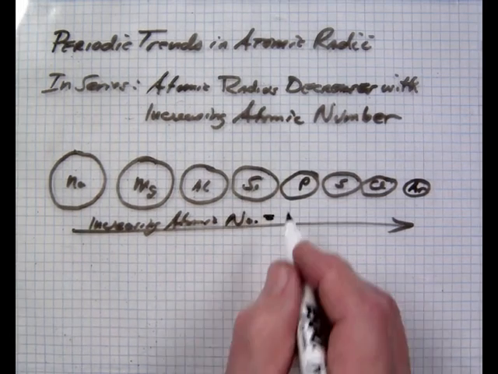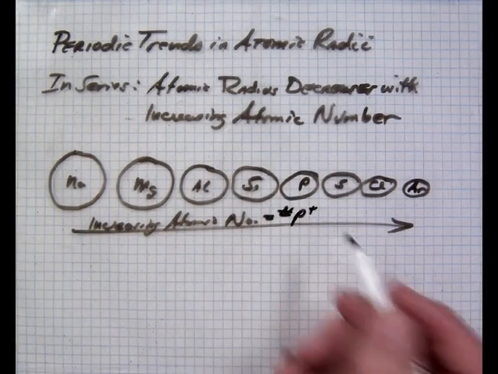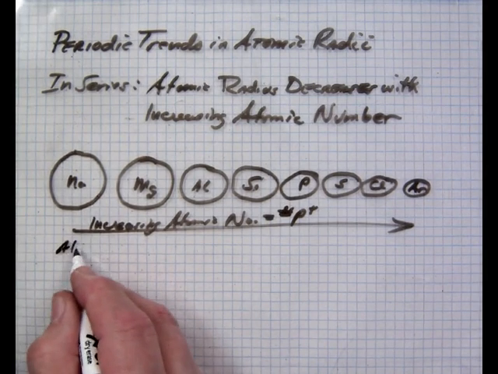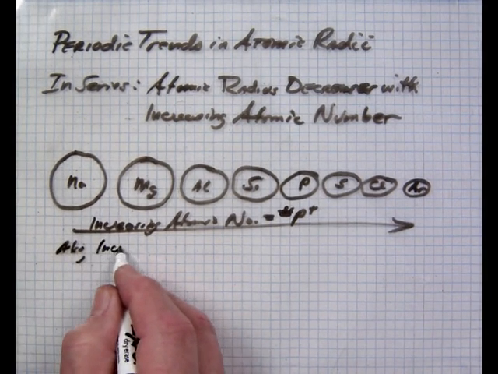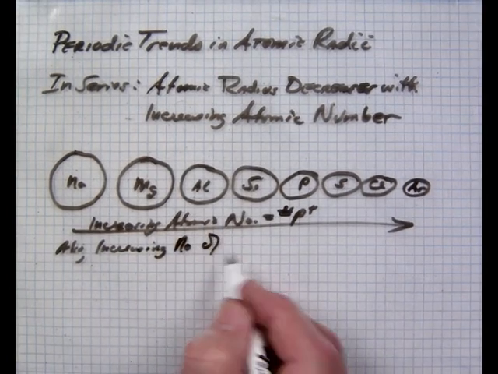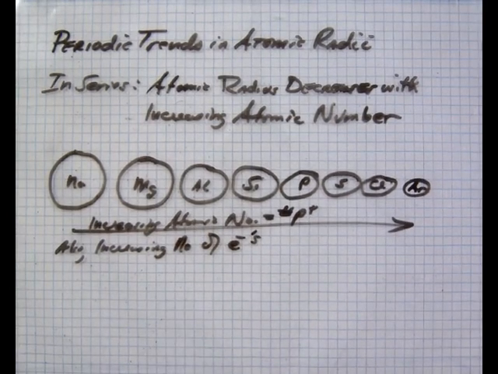Which of course is the number of protons in the nucleus, if you go left to right on the periodic chart. At the same time, there are also increasing numbers of electrons orbiting the nucleus.